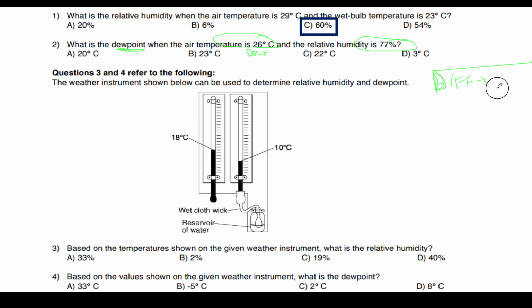We need to figure out what this difference is, but we don't have a wet bulb to subtract. But we can use the relative humidity chart and find a dry bulb temperature of 26 and follow it over to where the humidity is 77%, and then get our difference. Let's take a look at that.